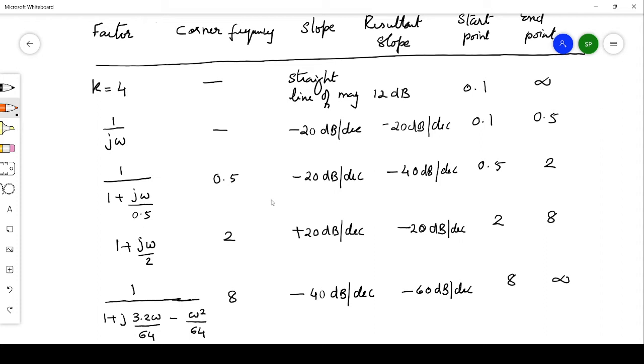In the table, in the corner frequency column, our least corner frequency is 0.5. So you can take the starting frequency as 0.1, or 0.01 also, but since the first corner frequency is 0.5, it is better to take 0.1 as the starting frequency.